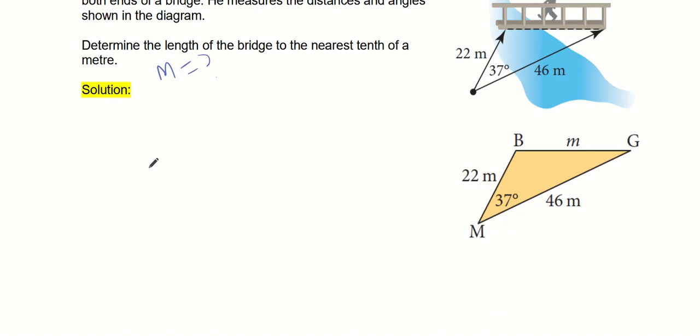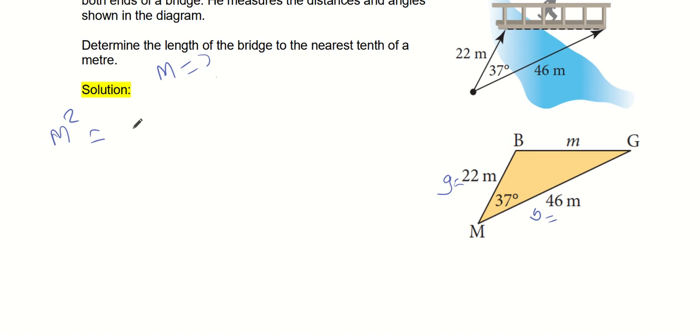Okay, so let's get started. Again, I'm going to show you how to rearrange the equation. But first, let us do it this way. So it'll be m squared, because that's what we're looking for, m squared equals, and the other two sides, this is small g here, and this is small b here.